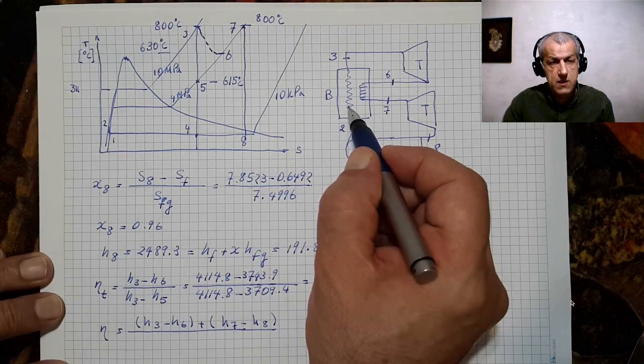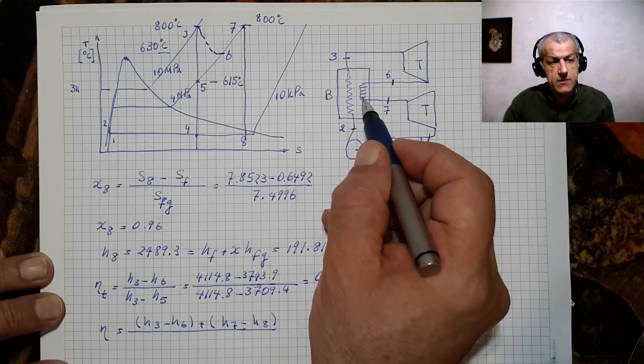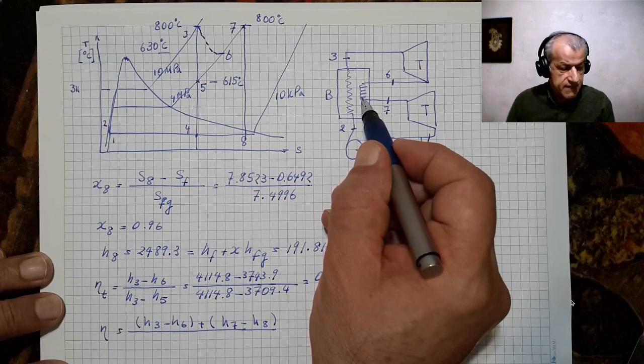And these are the two turbines, and there are two stages for heat transfer. One is the original heat transfer from 2 to 3, and the other one is the reheat heat transfer from 6 to 7.